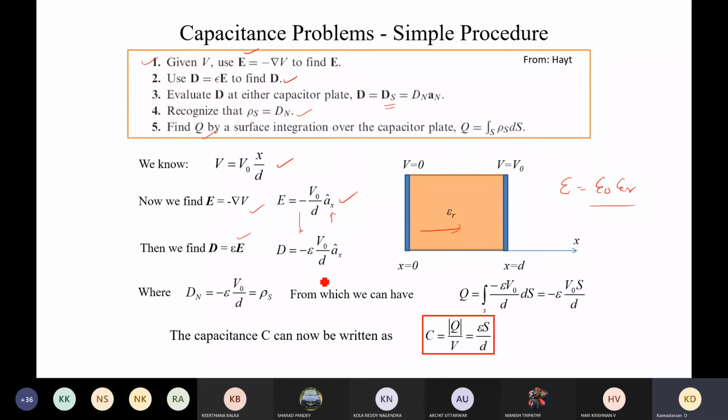And if you take this magnitude, that is nothing but this D_s, which is the vectorial field component. So we calculated the normal vector, and that is isolated, and that is going to be the charge density. Once the charge density is available, then we have to do the integration over this distance.